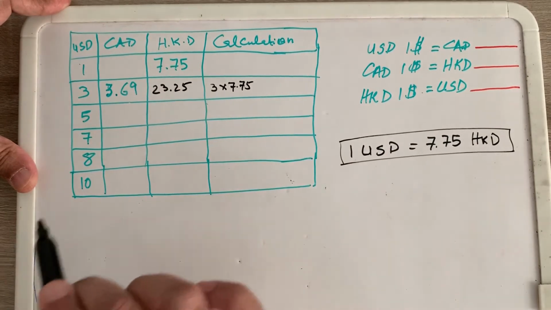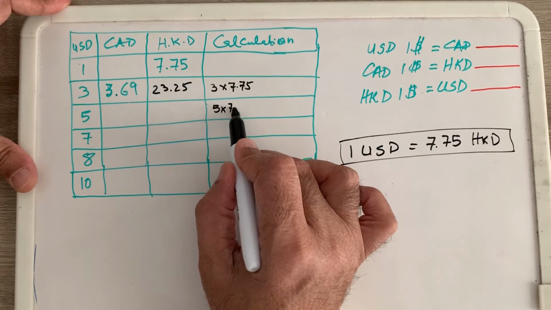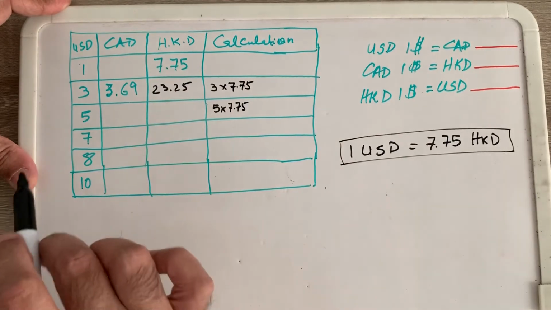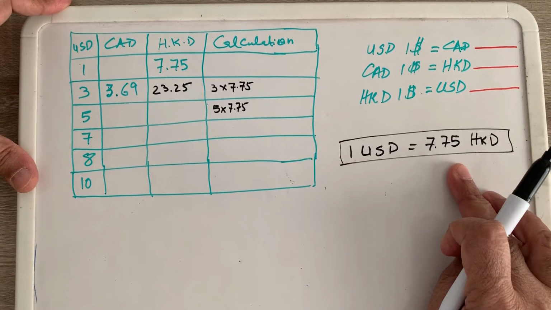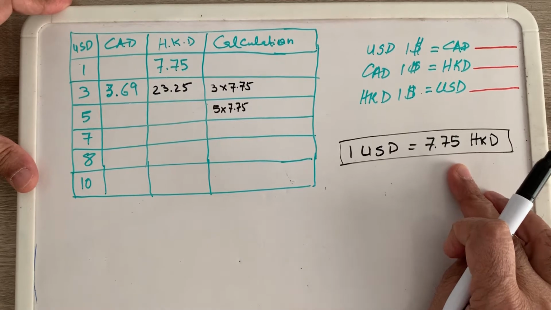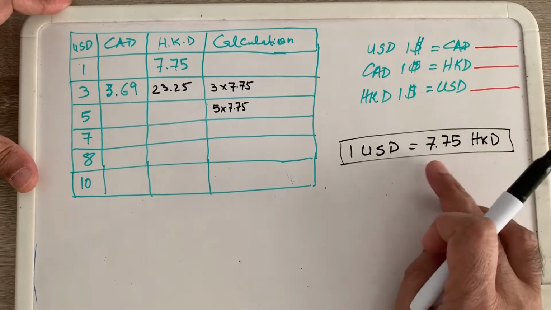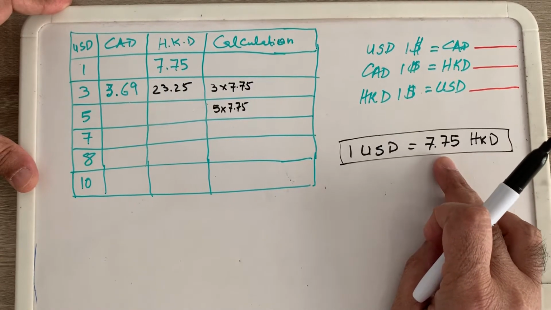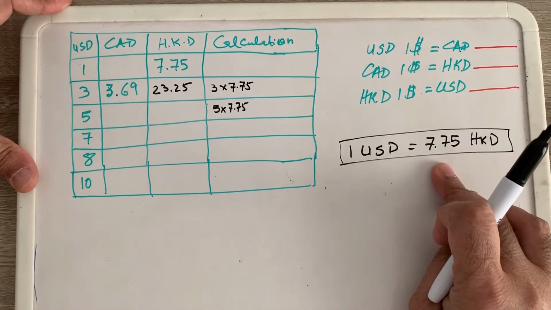If you want to find out 5 USD, you multiply 5 by 7.75, because the relationship is given that 1 USD is equal to 7.75 HKD. So whatever USD you have, you multiply by that factor. This is the multiplying factor to convert USD into HKD.